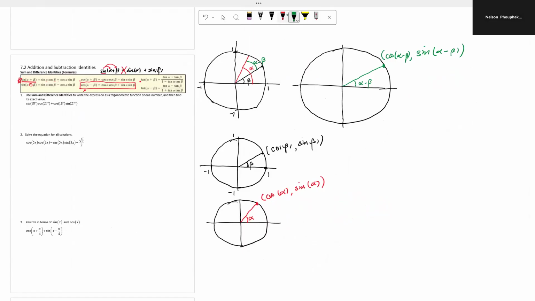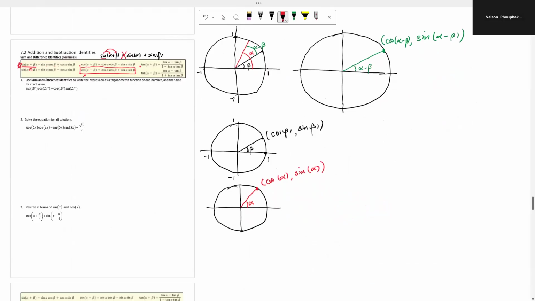Now, let us look at what happened here. What we would like to do is find out this distance right here. You will see that the distance between this point and this point is the same as the distance between this point and this point.